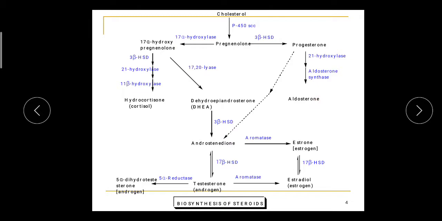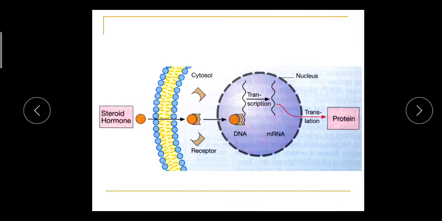Now we can see that there are 4 majorly: hydrocortisone, then aldosterone which regulates the water balance, and the other sex hormones like testosterone and estrogens, which have sex characteristics, male and female characteristics. So this is the biosynthesis of the steroids.